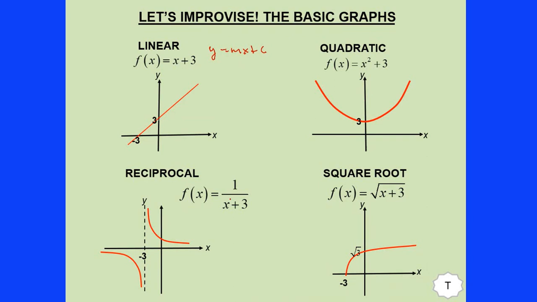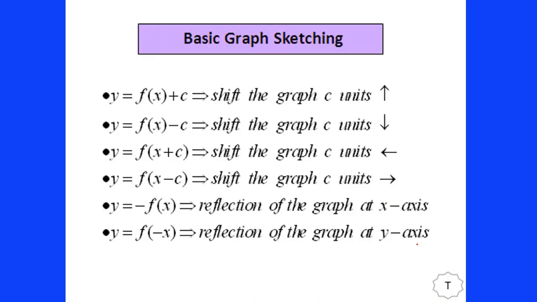For example, for reciprocal, confirm the denominator is not equal to 0, so x is not equal to negative 3. Later we will look at its domain. For square root, later we see where it starts, it starts here. And this is the square root. So the graphs are the same.